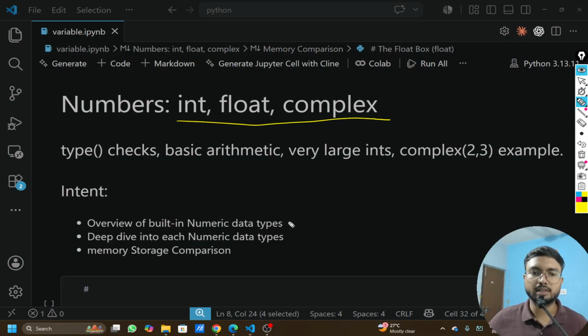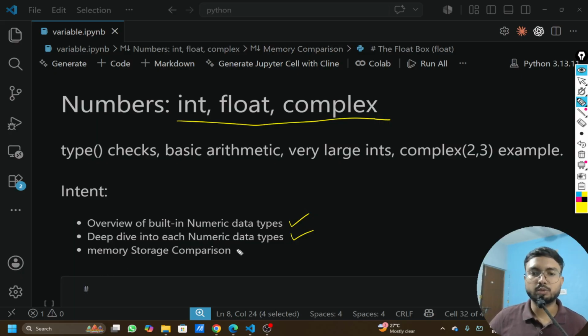We will try to get a high level overview of the different numeric data types and how they relate to the math that we have already studied in our class 8, 9, 10. Then we'll also see how to implement that in Python and what the memory allocation is at the backend.